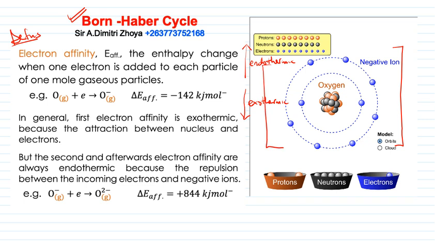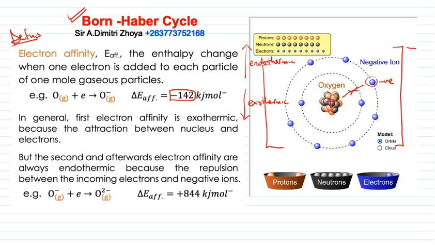Because this electron is negative and the nucleus is positive, there is an electrostatic force of attraction between these two species. So energy is released. That's why the change is exothermic.